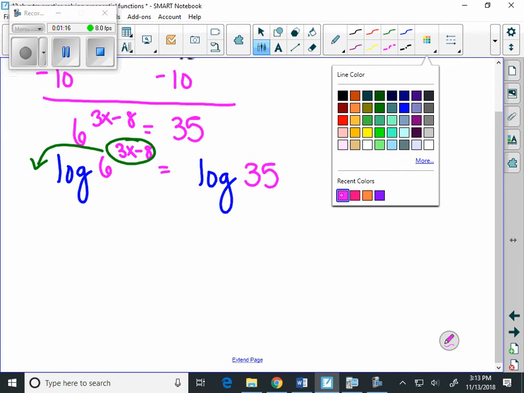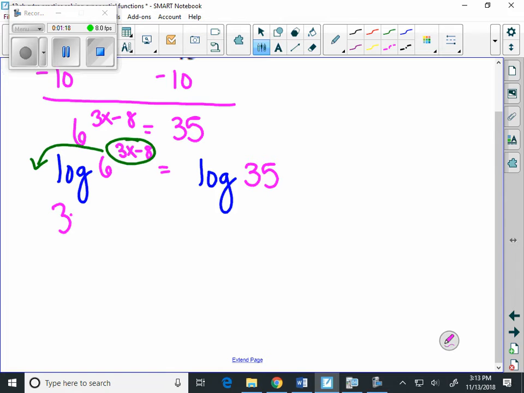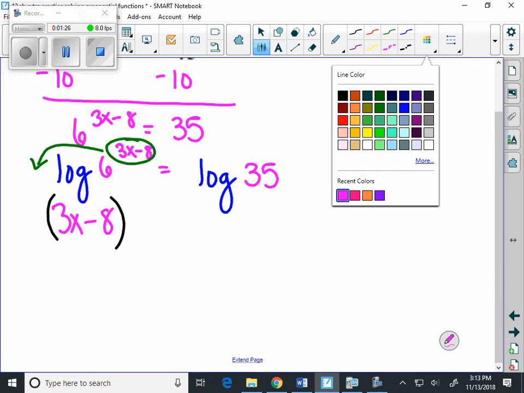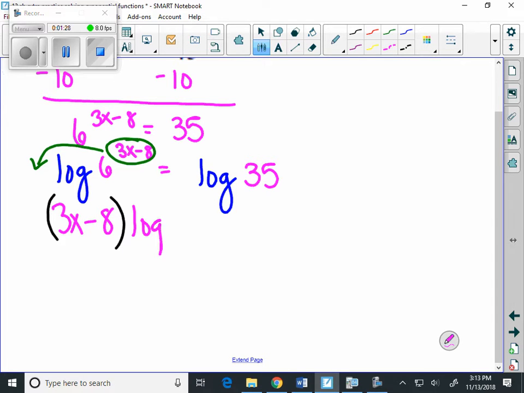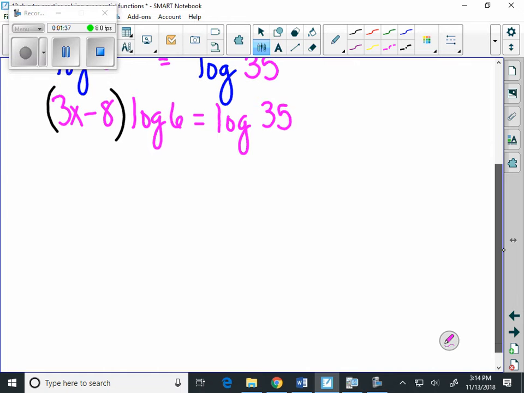And now what we have, 3x minus 8, that whole value needs to be multiplied by log of 6. And then over here on the right side, we have log 35. We need to distribute.